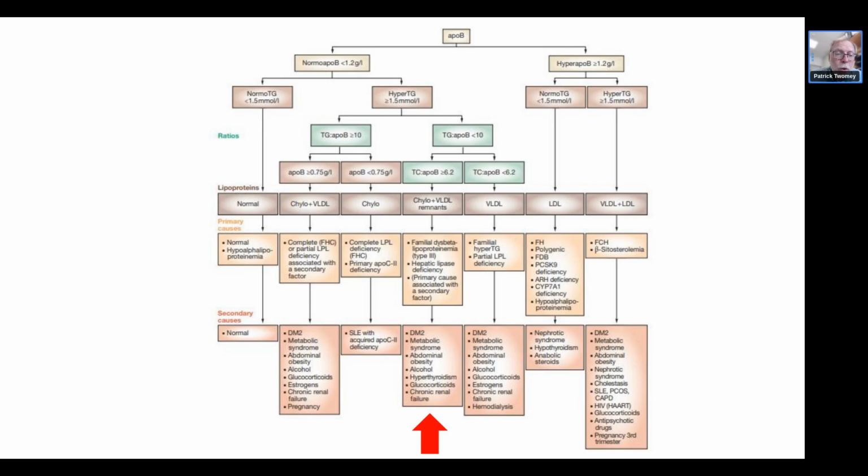For those who are not aware of it, I do suggest that you look this up. It is a little bit more complex, but it is quite comprehensive. What you will also see, though, is that there are overlaps in the secondary causes, and so it's quite helpful. And clinically, it's good to work back and see whether you have potentially missed something or not.